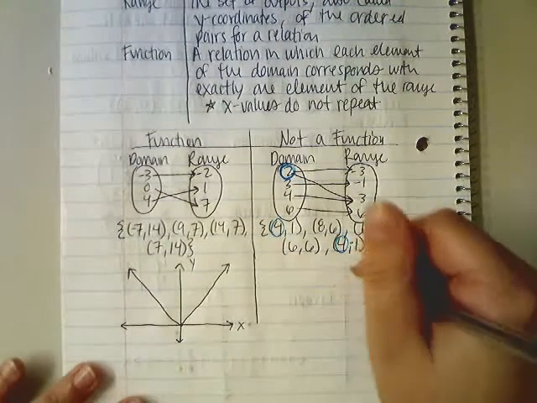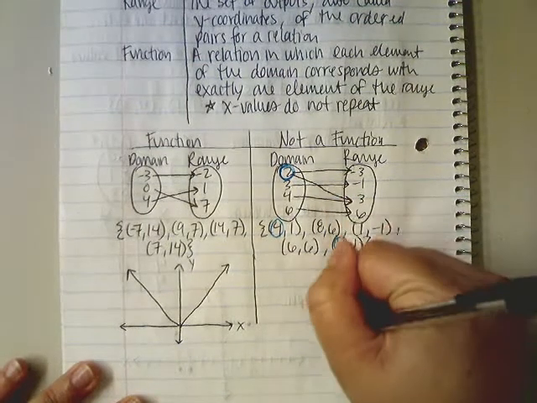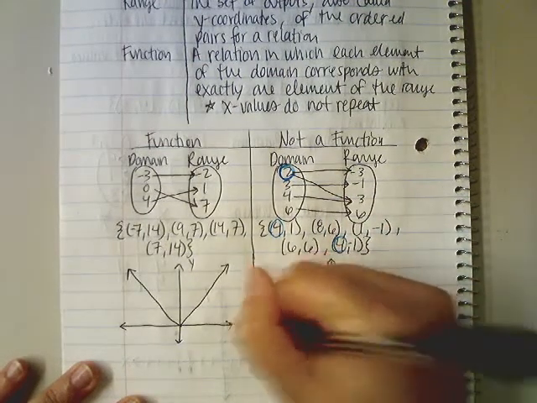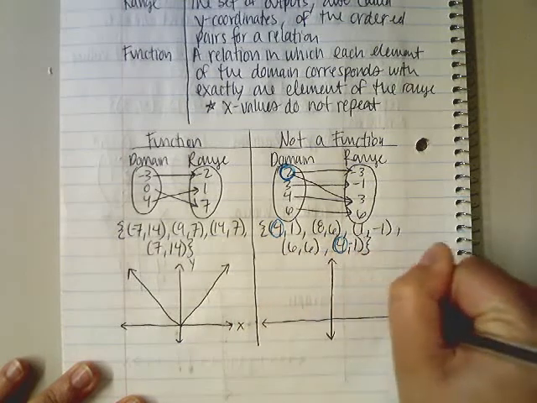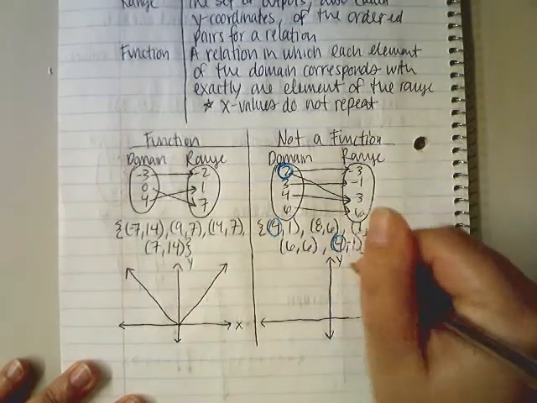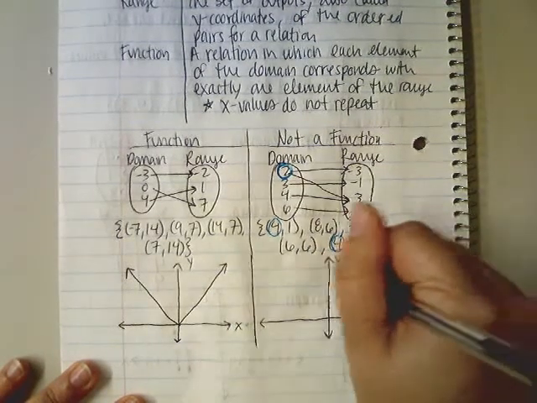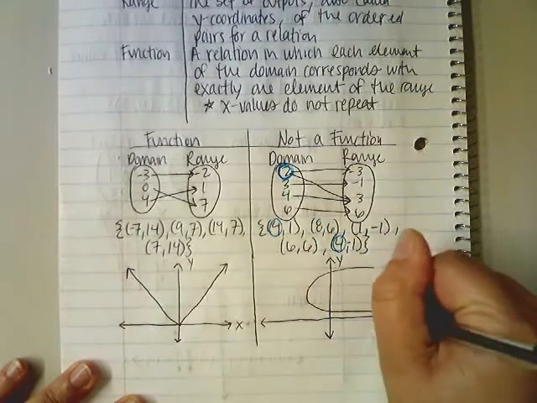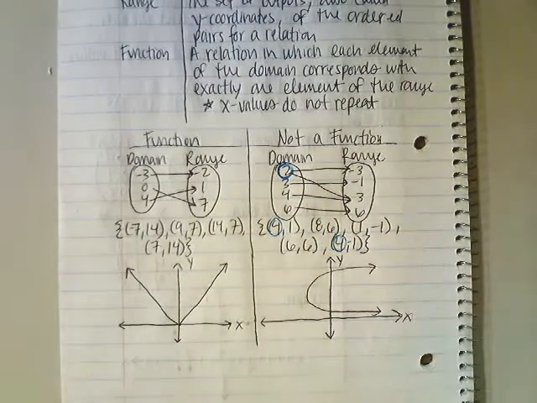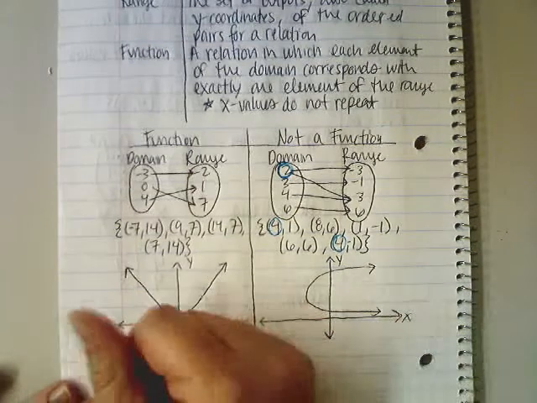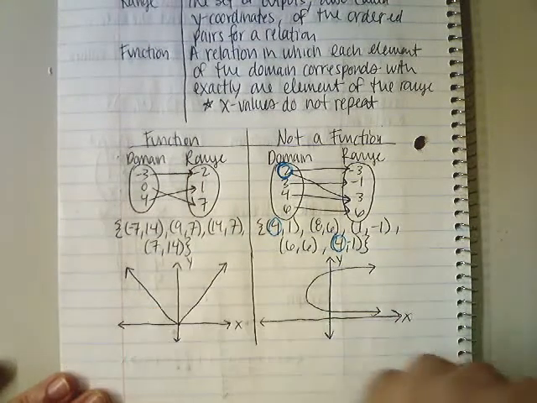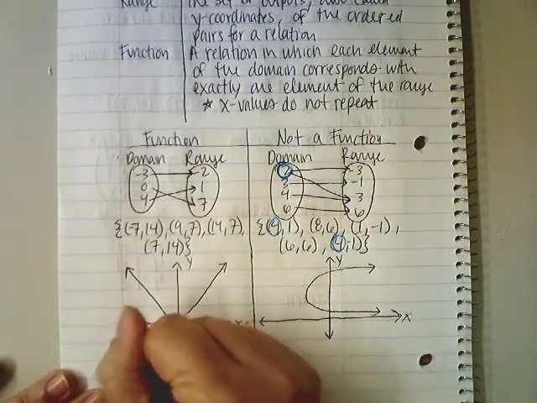I'm going to show you another graph so you can compare the two. Here I have my x and y axes again, but in this case I'm going to do a sideways parabola. And this one we're going to demonstrate another vocab word for today, a vertical line test.